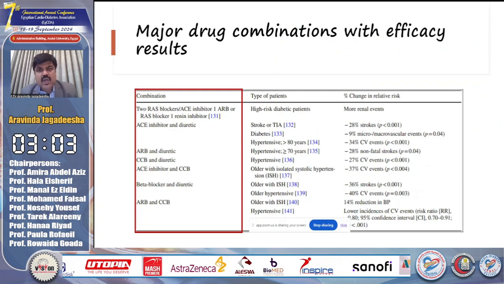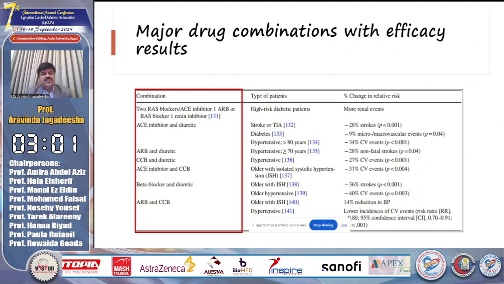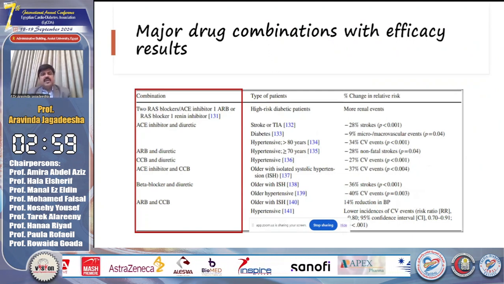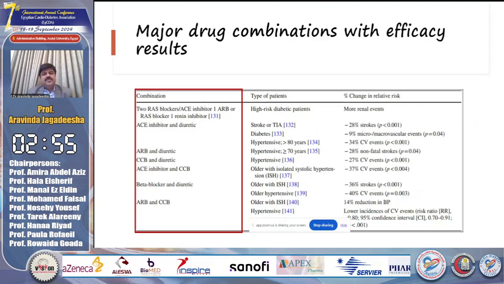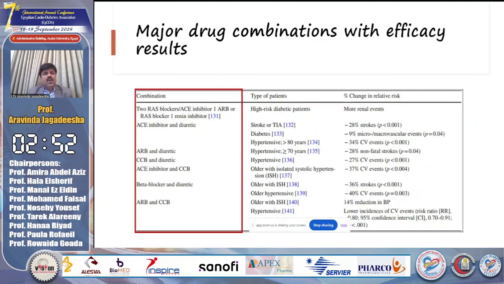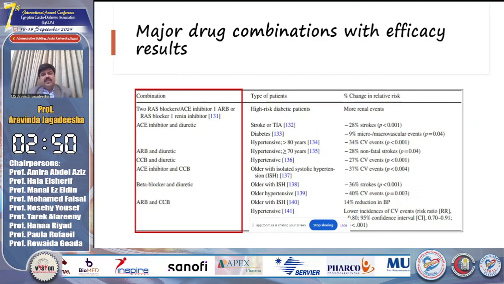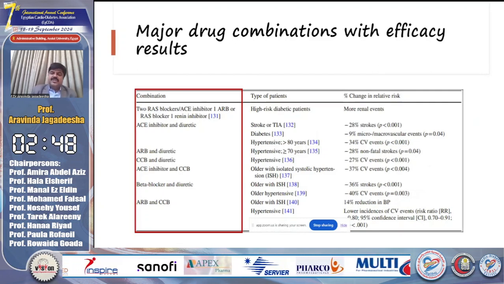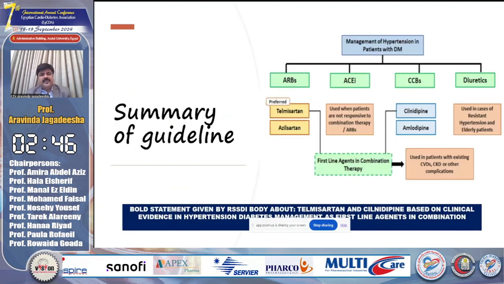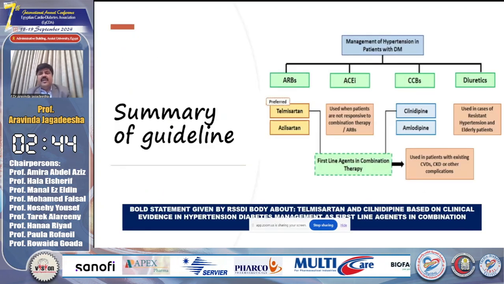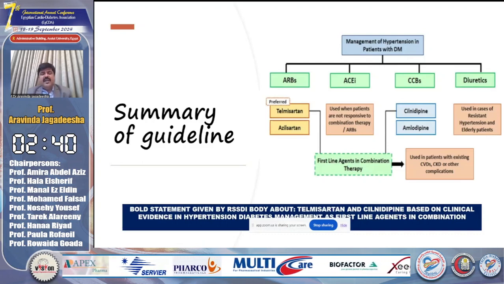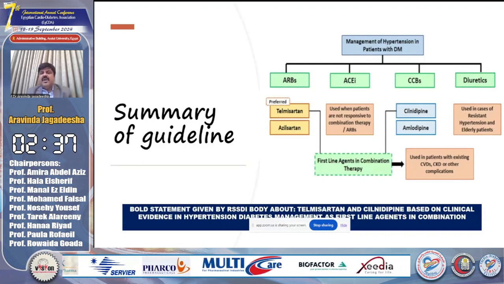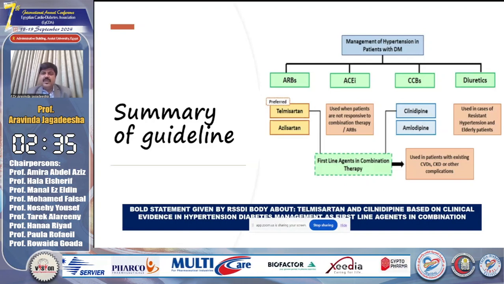So the major drug combinations with efficacious results, you can see here, can be RAS blockers, that is ACE inhibitors or ARB, with calcium channel blocker, or with diuretics, or with beta blockers. These combinations can definitely be used. So this is the summary of Indian RSSDI guidelines, you can see management of hypertension in patients with diabetes.